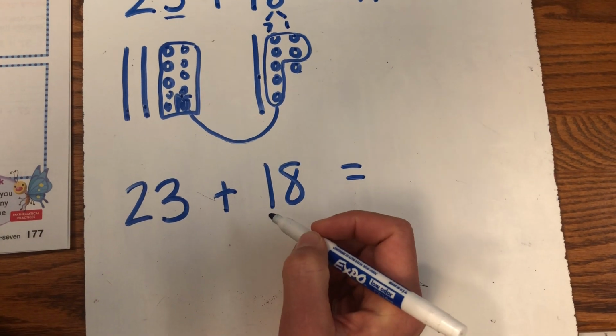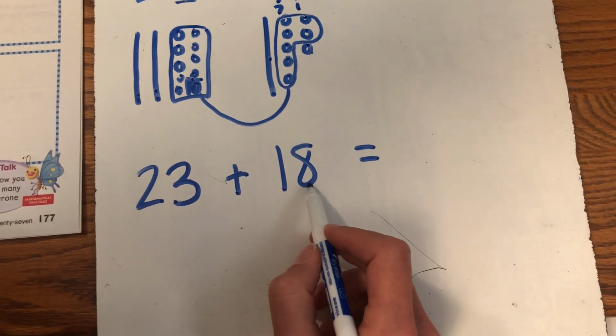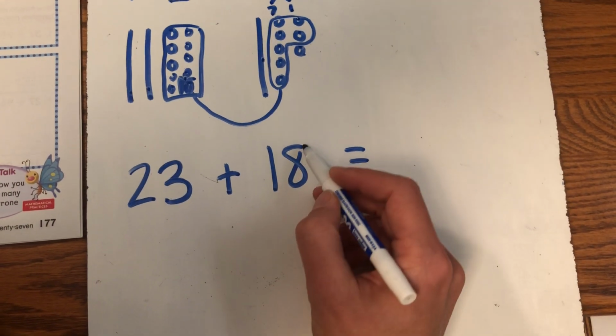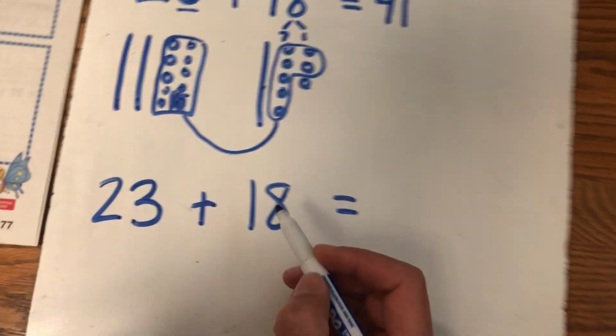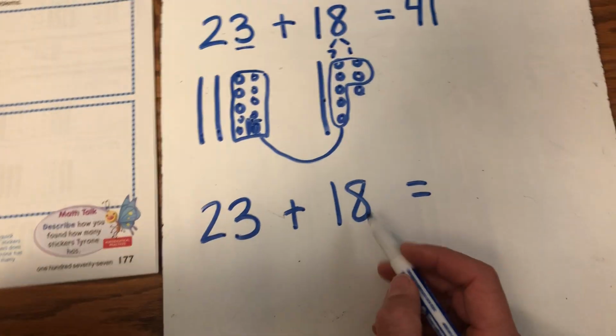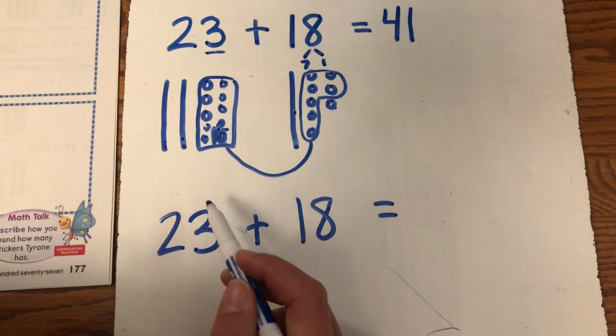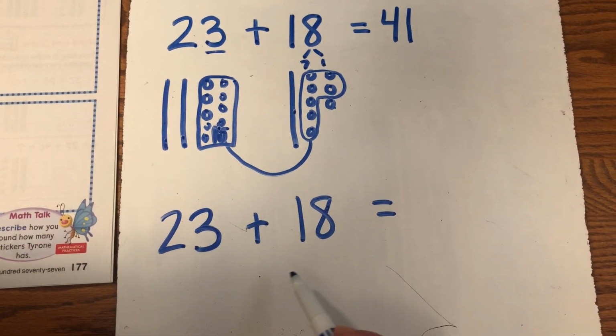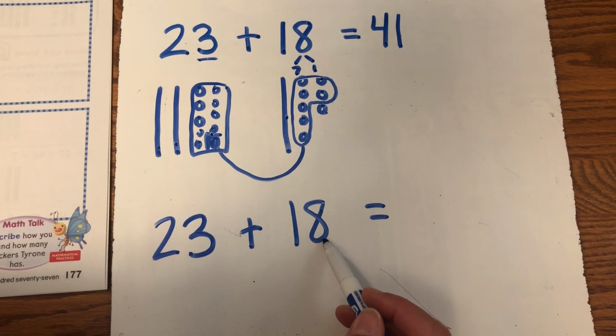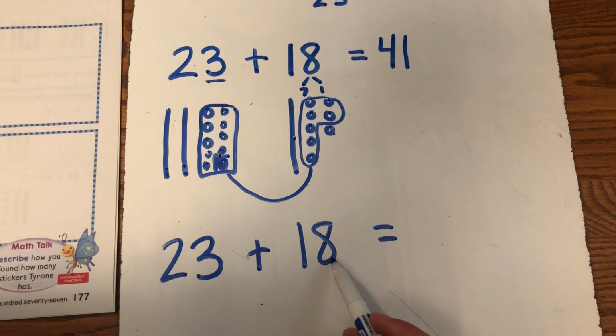What would happen if I want to make this 8 into a 10 over here? So far, we've been working back and trying to make this one into a 10, but what would happen if I wanted to compensate and I wanted to make this one into a 10?